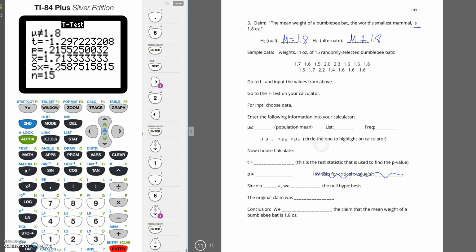So here we had 1.8, we left this as L1 and 1, and we had the does not equal. Our test statistic is negative 1.30 if we round to 2 decimal places. Our P is 0.216. I don't know if we were given an alpha, so let's just use an alpha of 0.10.